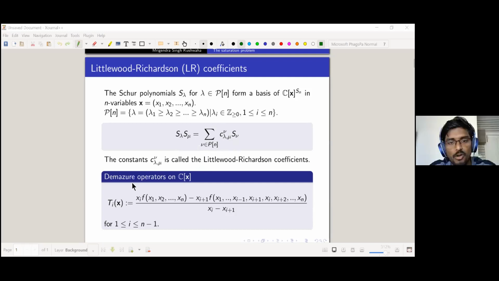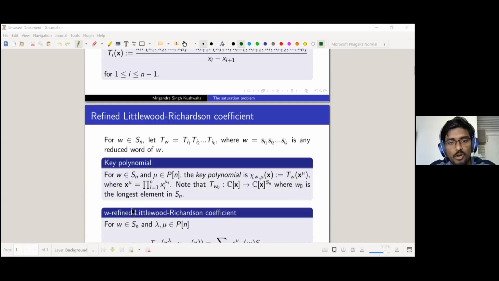For that, we need to define the de Maisure operator on the polynomial ring C[x]. For i from 1 to n minus 1, define an operator T_i on f as x_i f of x minus f with the variables x_i and x_i plus 1 switched, and then divide it by x_i minus x_i plus 1. This operator satisfies the braid equations of the symmetric group.